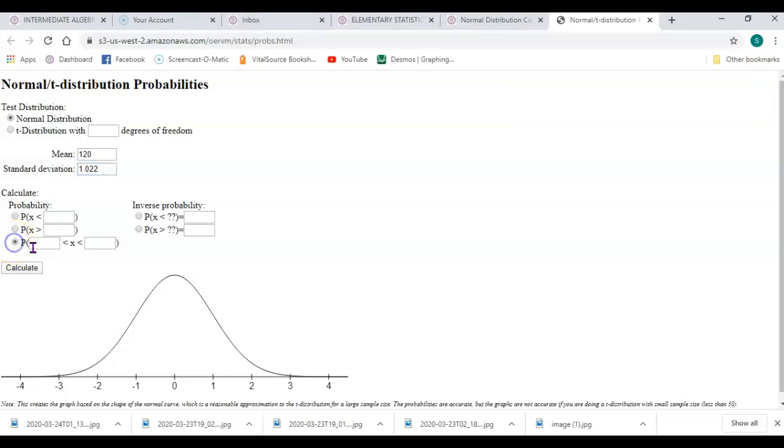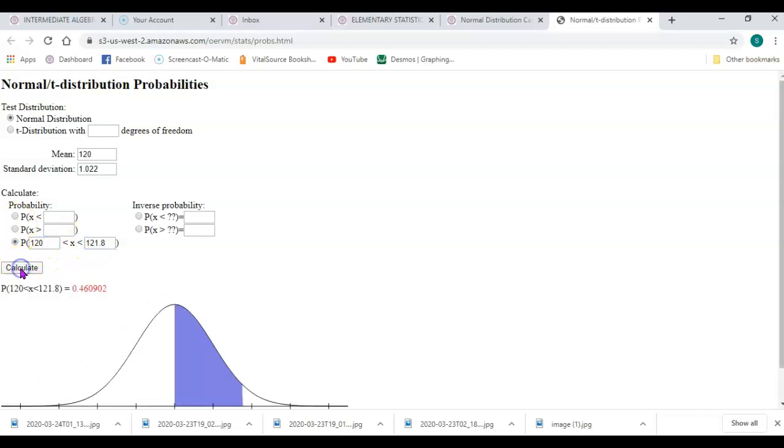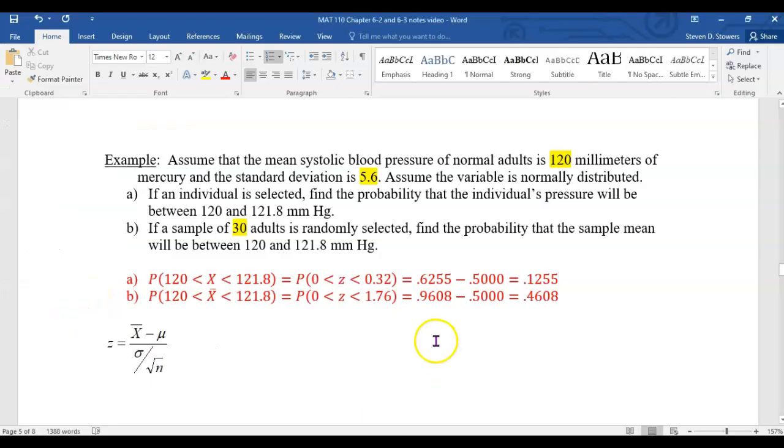And now we want the kind of problem where it gives us the probability of x being between 120 and 121.8. And when we calculate that, it shows up as 0.4609. We probably got a little bit of round off error because I rounded off the standard deviation, but real close, about 46%. So that's the answer.